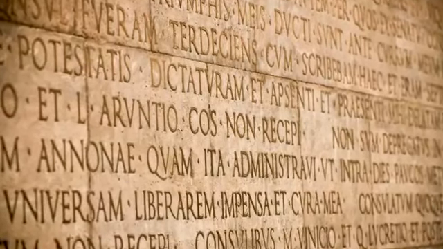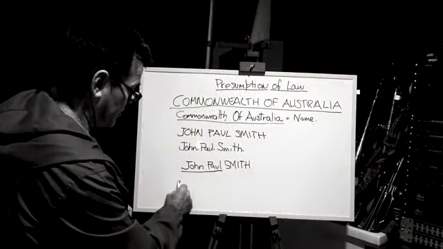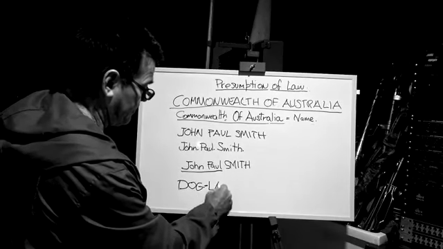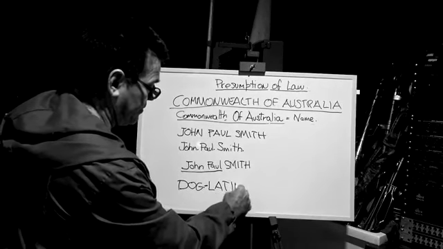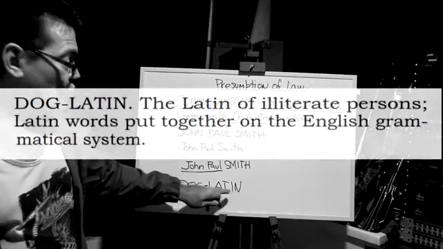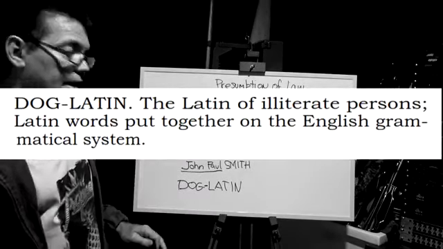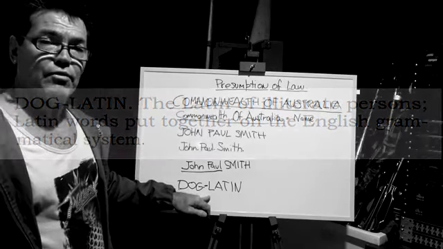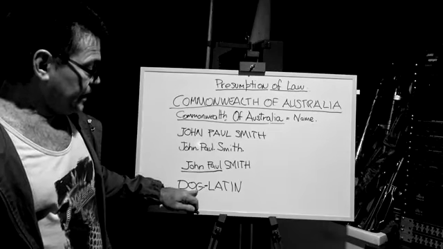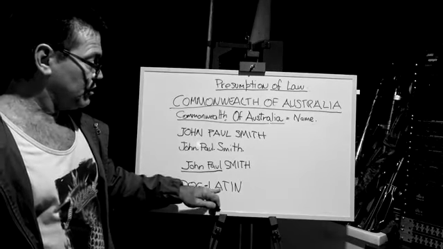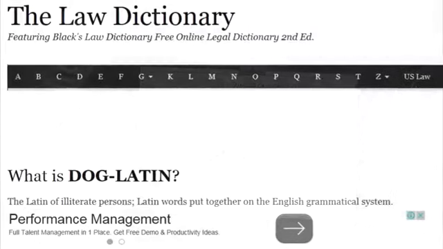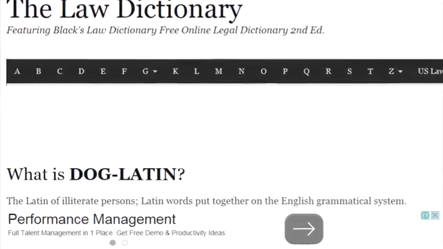This, without the marks, is legally known in Black's Law Dictionary as dog Latin, and in English it's called debased Latin. The word debased means criminal and immoral, whereas dog Latin is the Latin for the illiterate, because it's Latin operating under the grammatical rules of English, which is impossible.